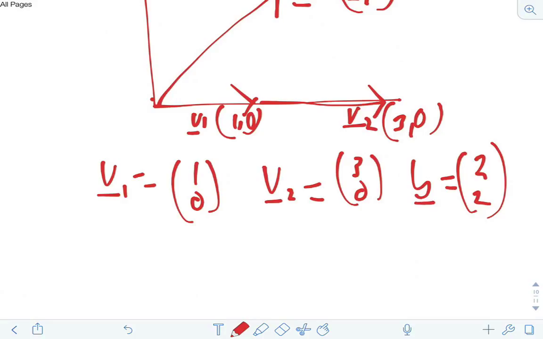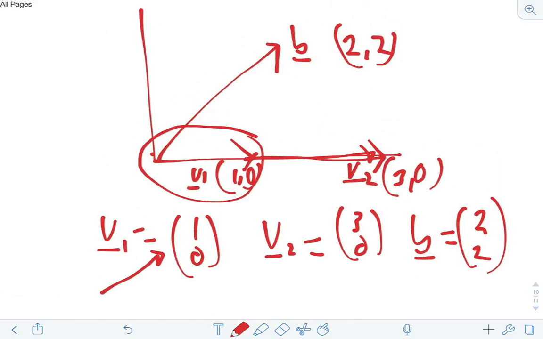We multiply any scalar multiple of this vector v1, it will always lie along the x-axis. There's nothing I can multiply by this that will produce any y. That will always be 0. 0 times anything is 0. Same with v2. It is stuck in this x-axis. We can stretch and scale and move, make any vector we want on the x-axis, but we can never make a b because it has a non-zero y component.